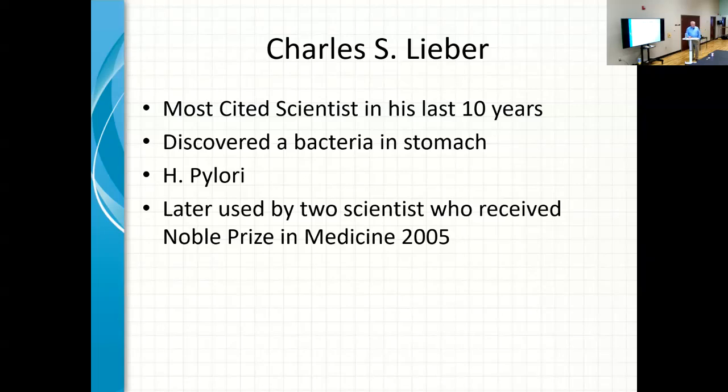Several years later, two scientists took up that same research and they discovered that H. pylori, the bacterium in the stomach, was responsible for ulcers and cancers. And they won the 2005 Nobel Prize for Medicine that year. So the guy was just so far ahead of his time, he needed time for other people to catch up to him.